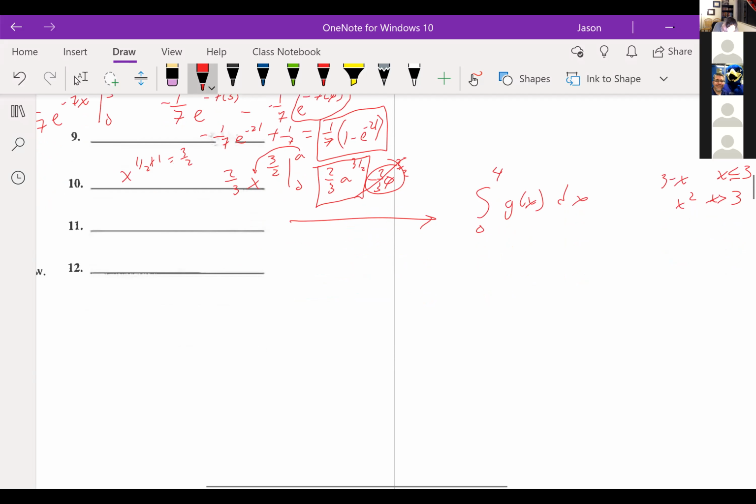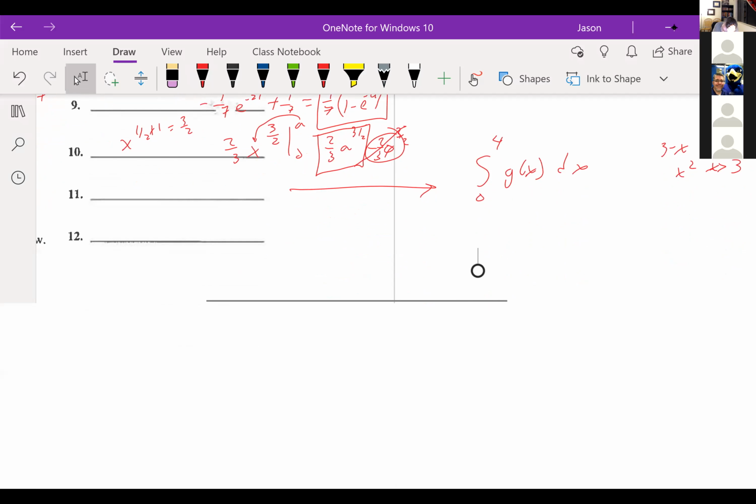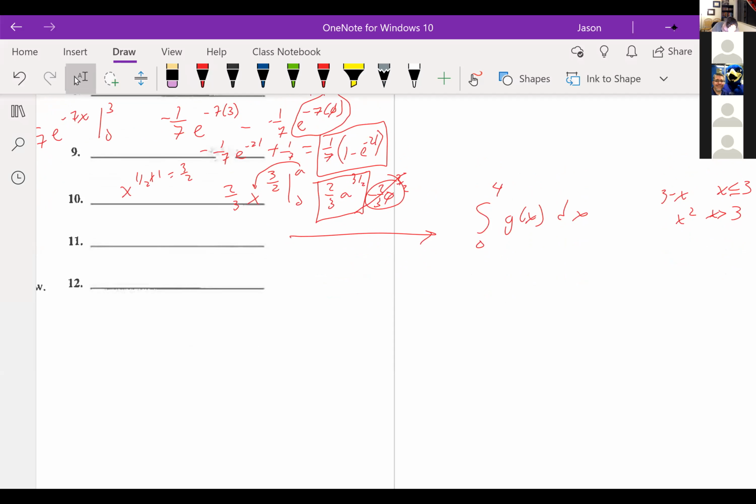Okay, so we have to break this up into two separate integrals, one that goes from 0 to 3 and one that goes from 3 to 4, because we are under two different functions, one between 0 and 3 and the other between 3 and 4.